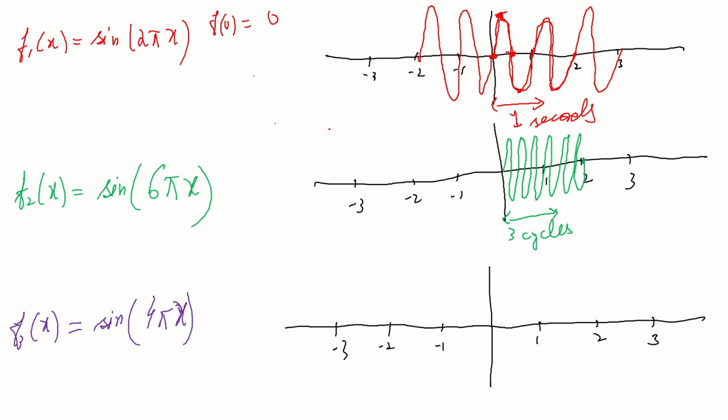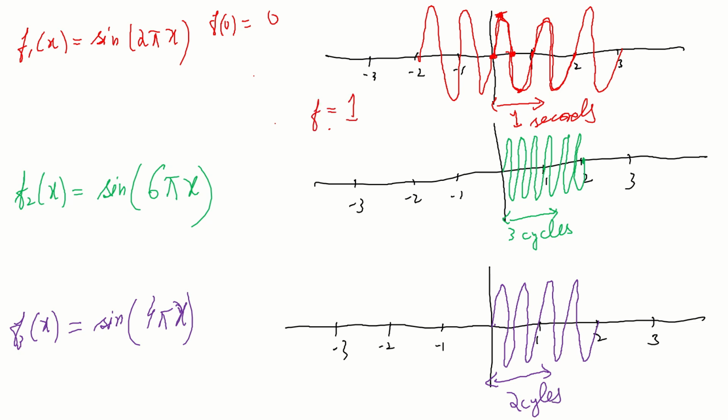Likewise, the function f3 completes 2 cycles in 1 second. The number of cycles completed per second is called the frequency of the sine wave. It is usually denoted by f. The first function completes 1 cycle per second, therefore its frequency is equal to 1. The second function has a frequency of 3, whereas the third function has a frequency of 2.